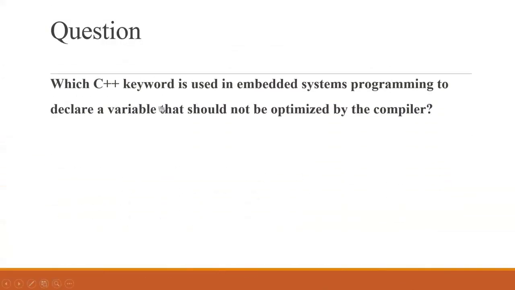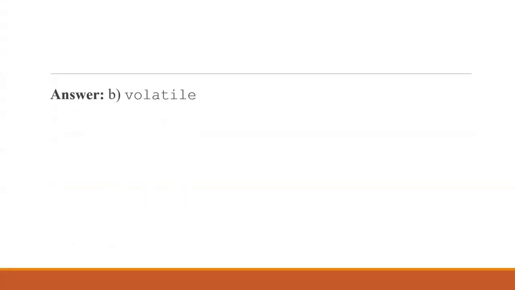Which C++ keyword is used in embedded systems programming to declare a variable that should not be optimized by the compiler? So we are looking at A. Const, B. Volatile, C. Static, and D. Extern.